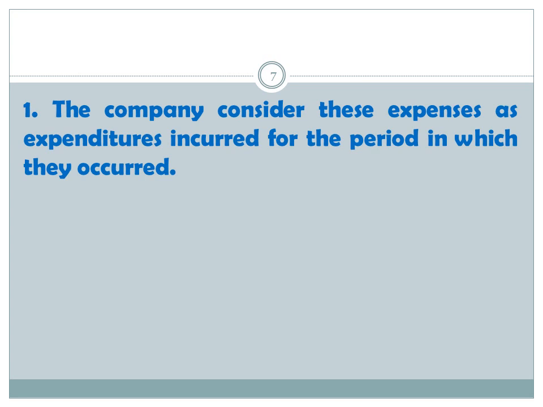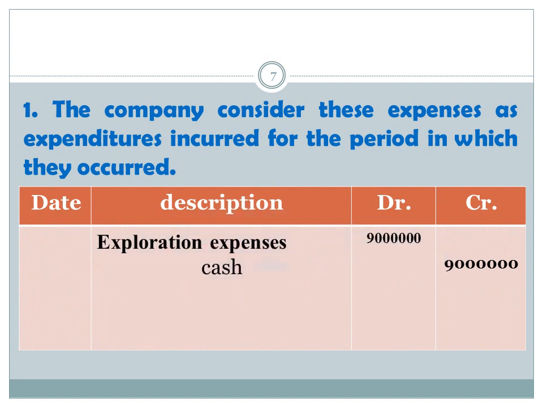According to the example, the company considered these expenses as expenditure incurred for the period in which they occurred. So all of this expense will be exploration expenses, a current expense. It will be in the debit side, and cash will be in the credit side.